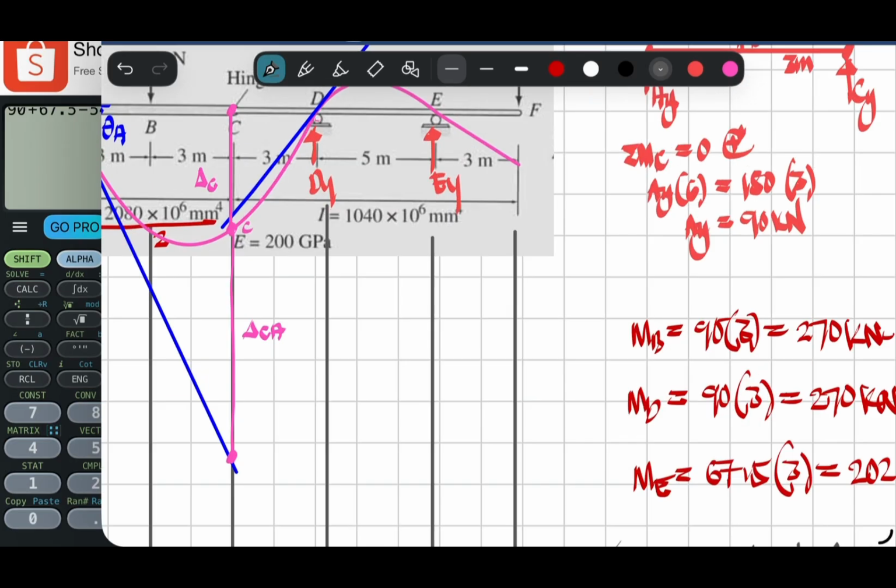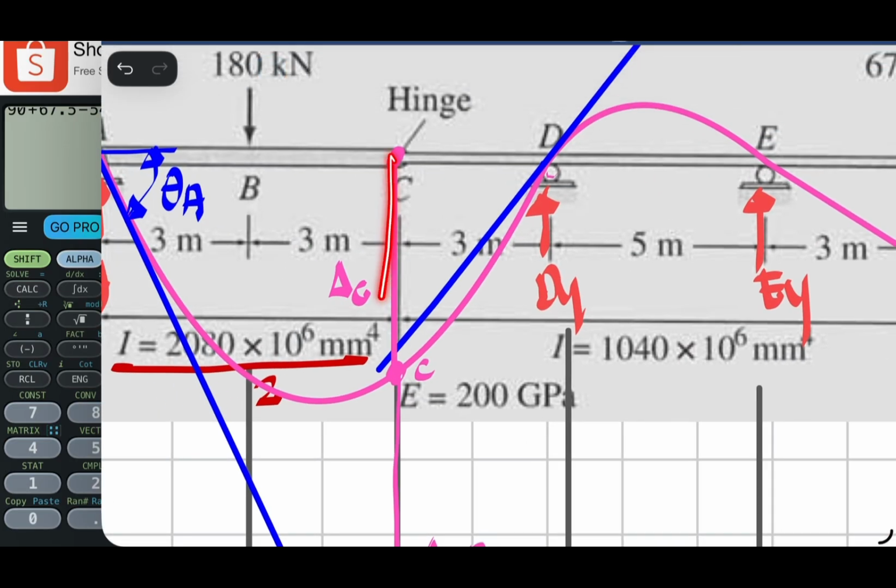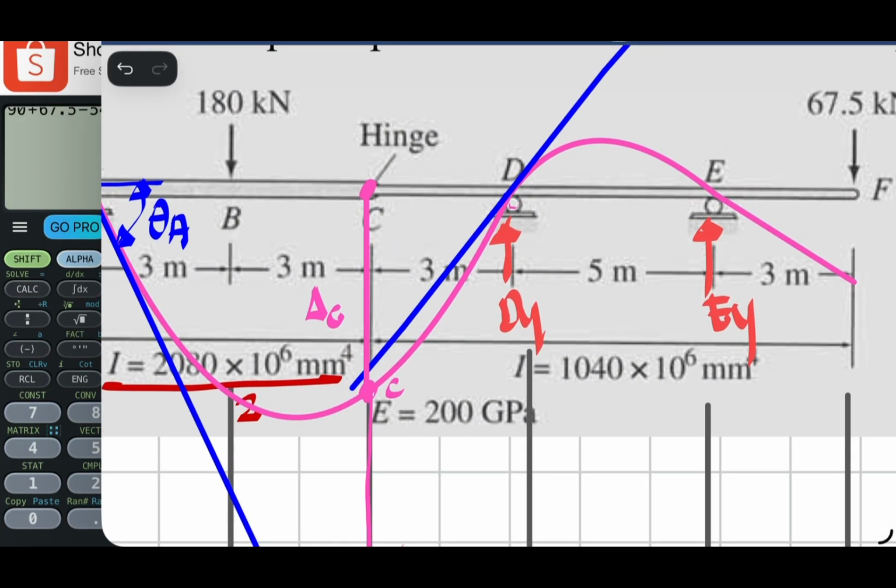Ang next nga gipangayo sa problem is si delta C. Kani, pila man siya. Si delta C, kung tanaw na to, pwede ito magamit ani. Kay triangle magyapon na siya. O kanira ang triangle.